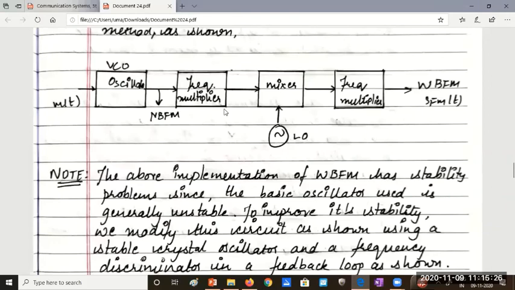What was the property of the non-linear device? Say for example, square law device was the non-linear device. Output is equal to A1 Vi plus A2 Vi square. If I have nth order non-linearity, output will be equal to A1 Vi plus A2 Vi square plus A3 Vi cubed, and so on, until An Vi to the power of n.